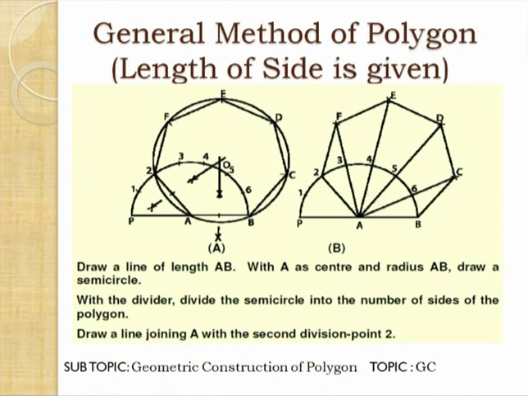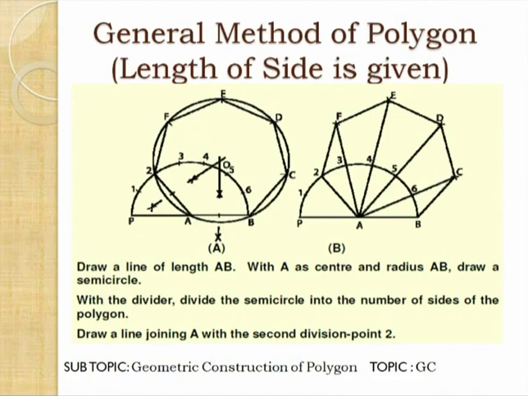Then we will get the required heptagon A, B, C, D, E, F, 2 and A. So in this way we can get any polygon. We can draw also triangle, square, pentagon, hexagon, heptagon and even octagon also.